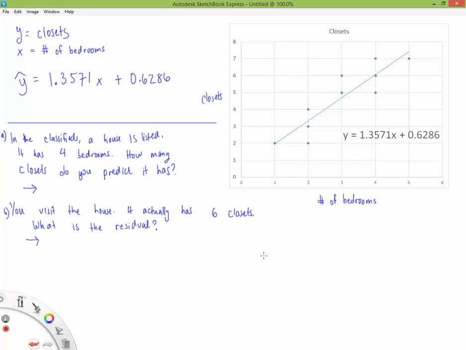All right, let me get your attention back here. We want to predict how many closets the place has. We predict by plugging in the value we have for x into the equation, and the y we get back is our prediction.